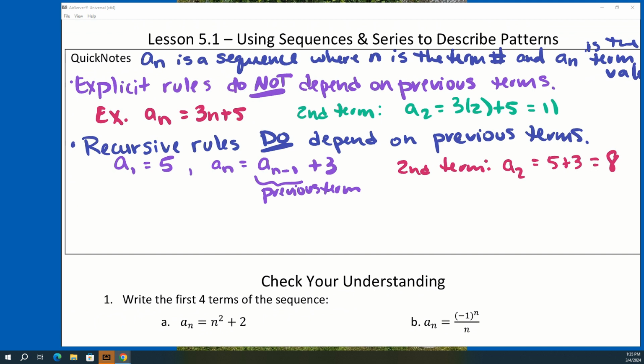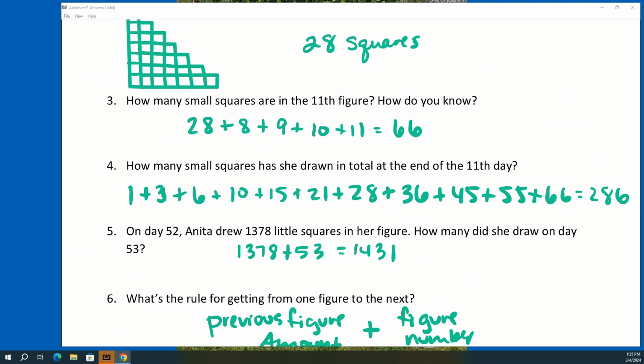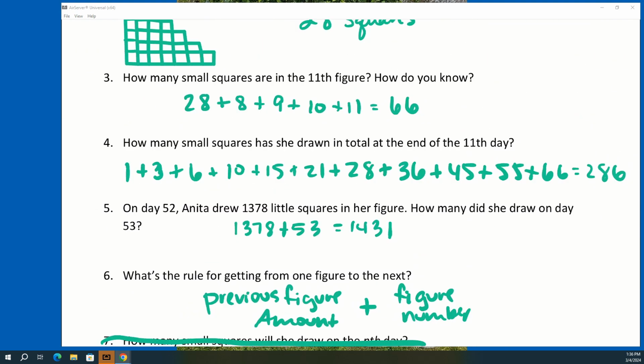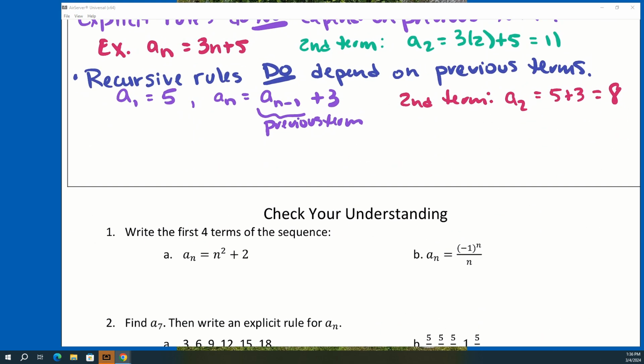Okay, and then today we're going to talk a tiny bit about series. And so a series is when you add up the terms of a sequence, which is what you guys did on number 4 over here. You added up all those squares. So we are going to do summations.